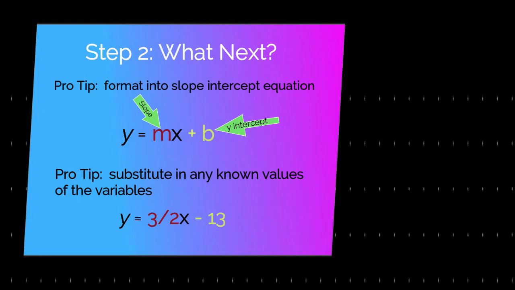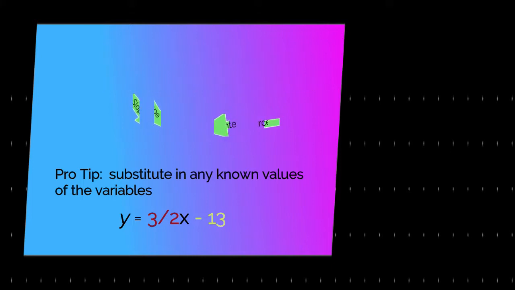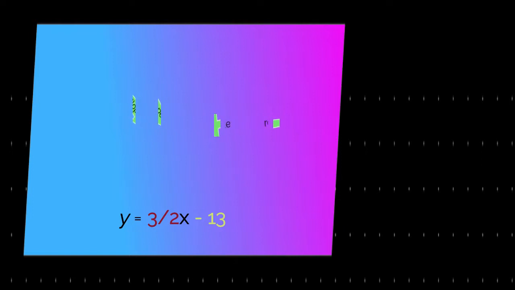Yes, but we'll get there later. So now, after we write the formula, we can start substituting in those facts that they told us earlier. We know that y, our line that we're trying to solve, has a slope of +3/2 and a y-intercept of -13. Notice we don't know the x and y coordinates yet.